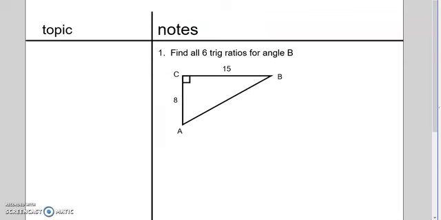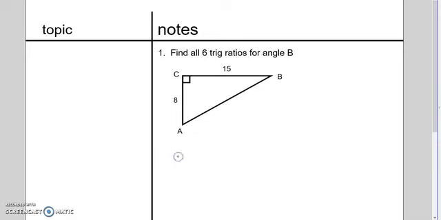Okay, so the first kinds of problems we'll see is where we have to find all the 6 trig ratios, and this is more to get practice with finding the ratios rather than solving any particular problem. We will see more complicated examples later of how we would have to find all the trig ratios, so this is great practice to have now. In this case, the triangle has already been given to us.